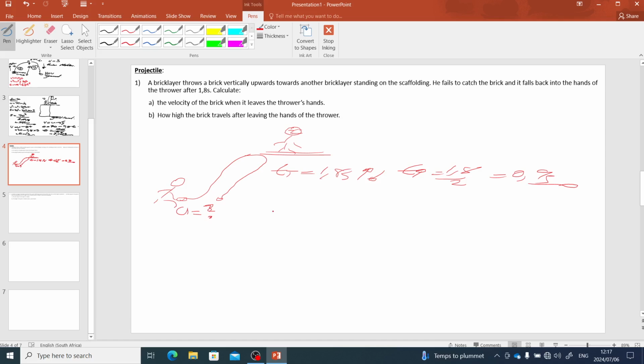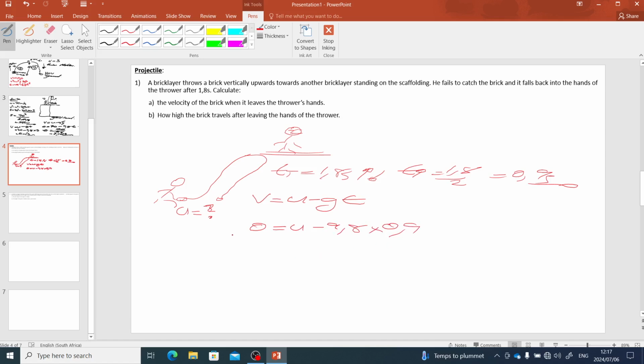In calculating that, we'll be using the formula v = u - gt. Remember, we are acting against gravity, hence g is negative. Our v is 0. We have 0 = u - 9,8 multiplied by the time, 0.9.